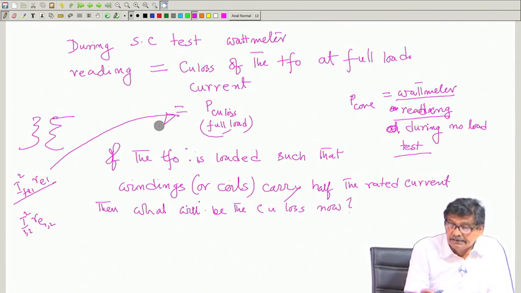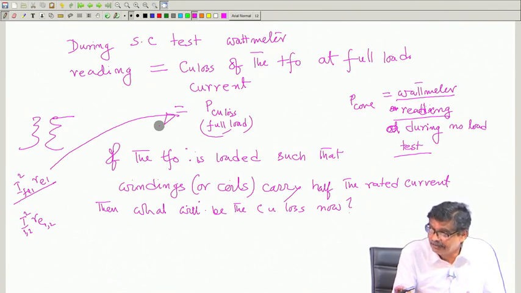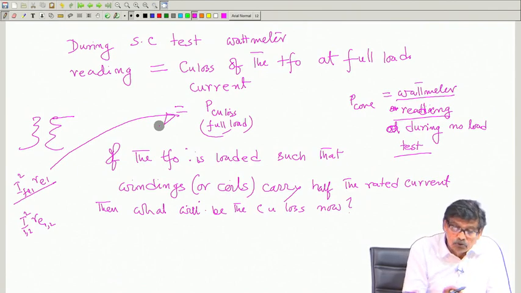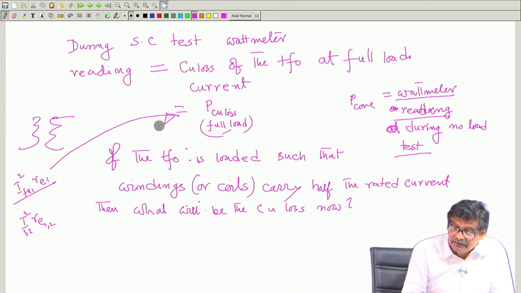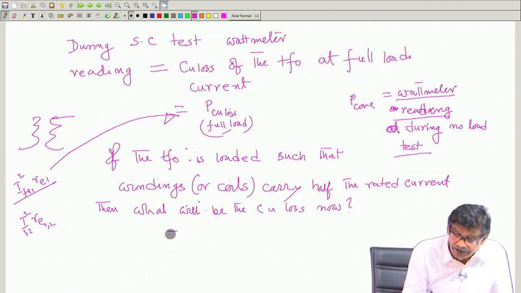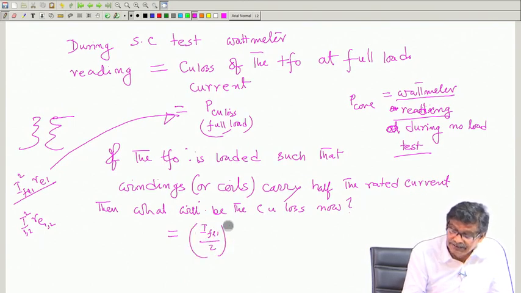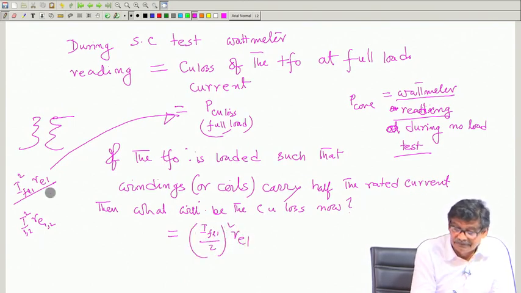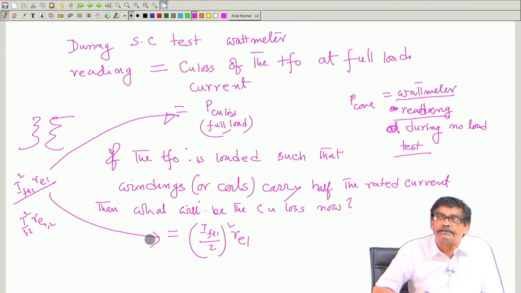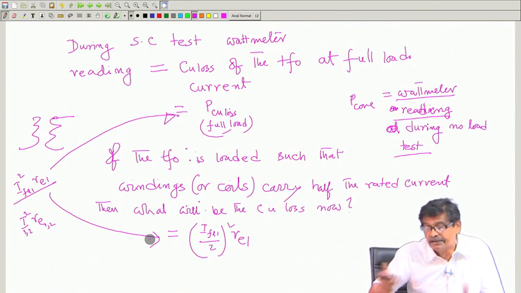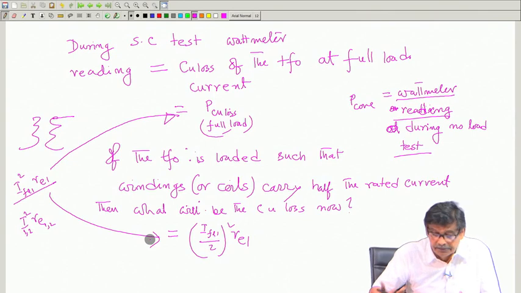Now, I am saying that winding current is now made half. So, what will be the copper loss now? Copper loss now should be (I_FL1 by 2) whole square into R_e1, is it not? If you connect such an impedance on the secondary side that the coils are carrying half the rated current, R_e1 remains the same.